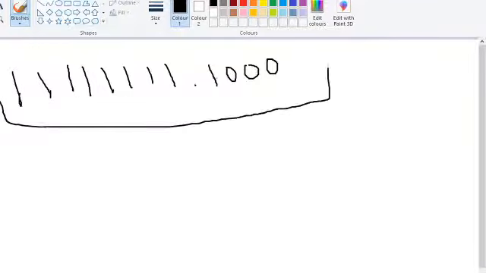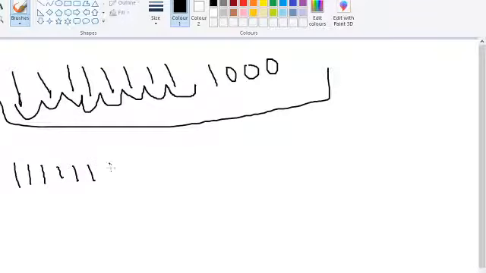So, say we have this pretty big number, 255.5. This would be represented in floating point numbers as the point moving 1, 2, 3, 4, 5, 6, 7, 8 places. So that'd be 0.1111111100.